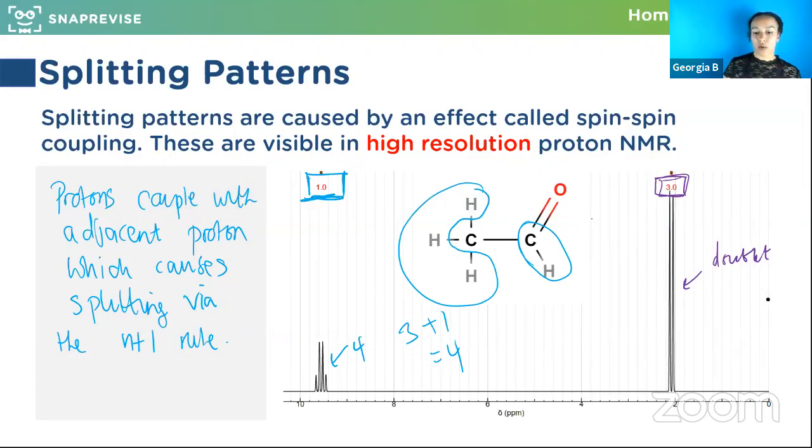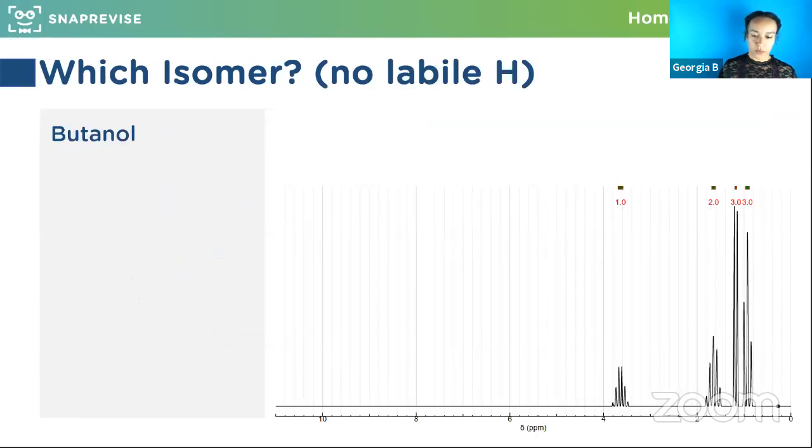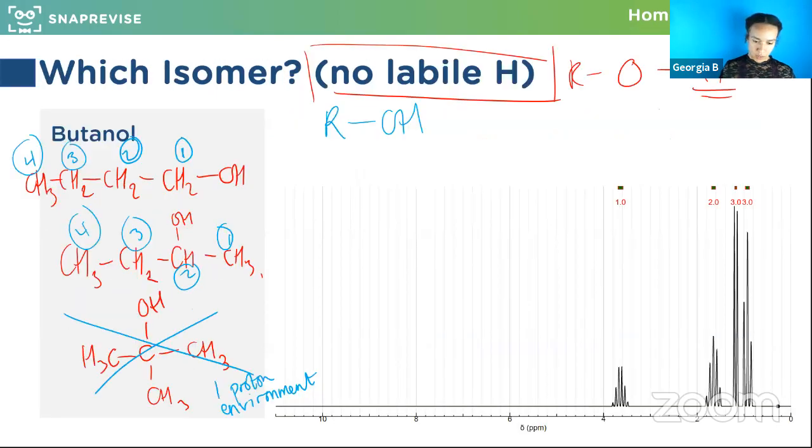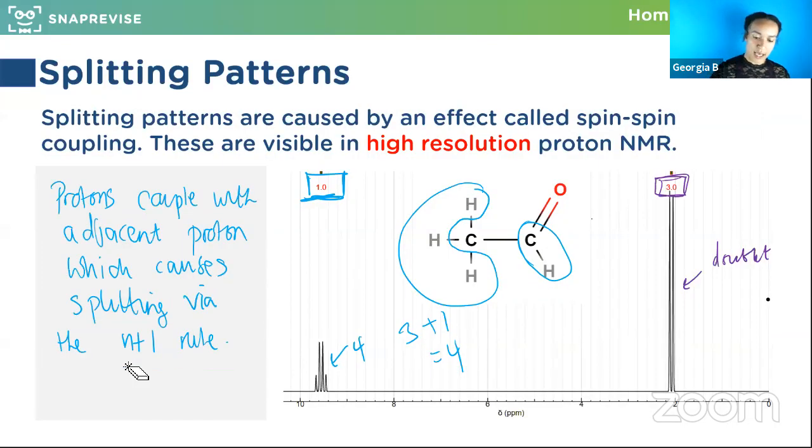Cool. All right. What I'm going to do is go back to our butanol problem. Which one is the left one for? The one on the left belongs to the hydroxyl peak, for this hydrogen here.